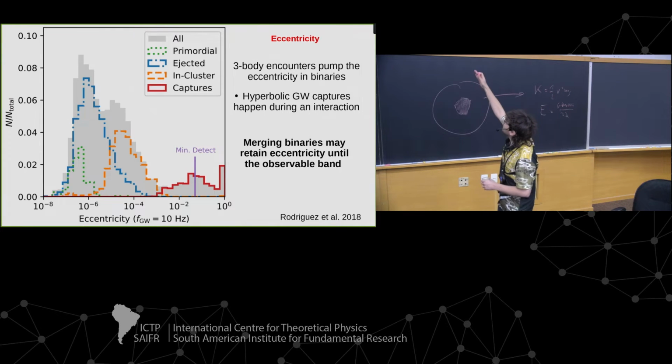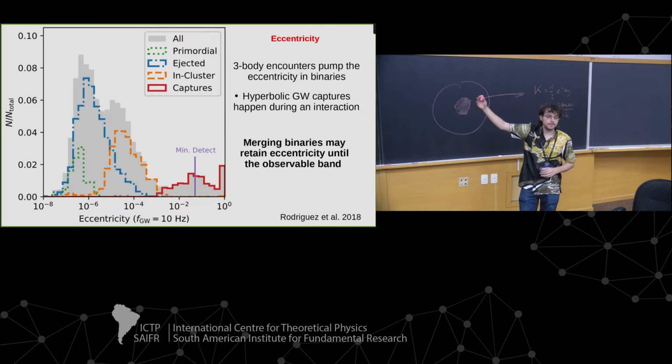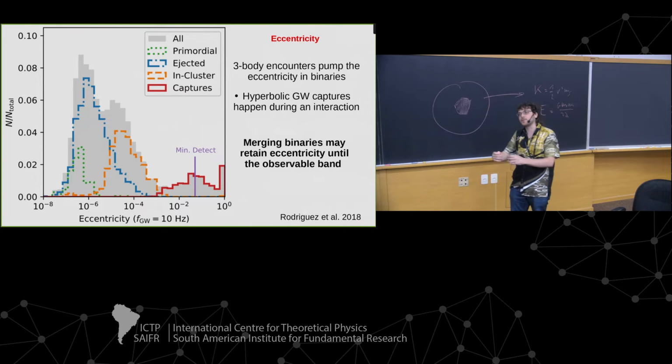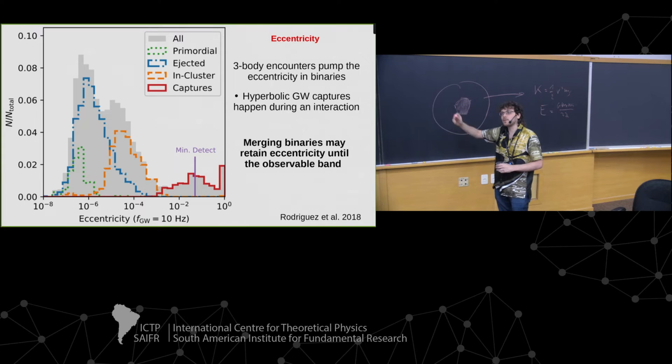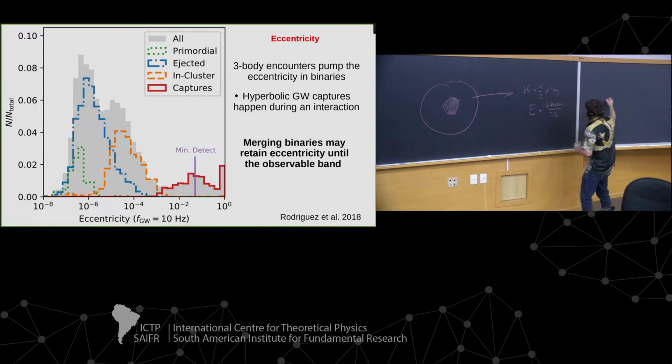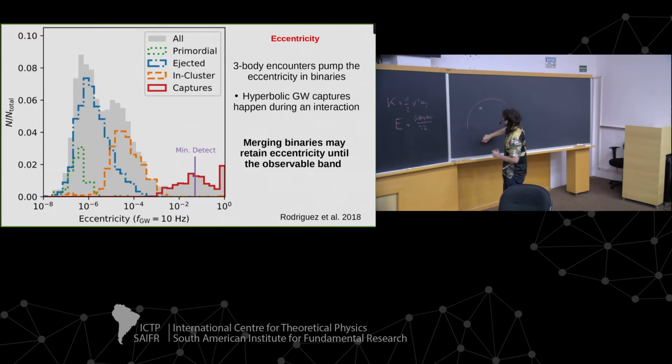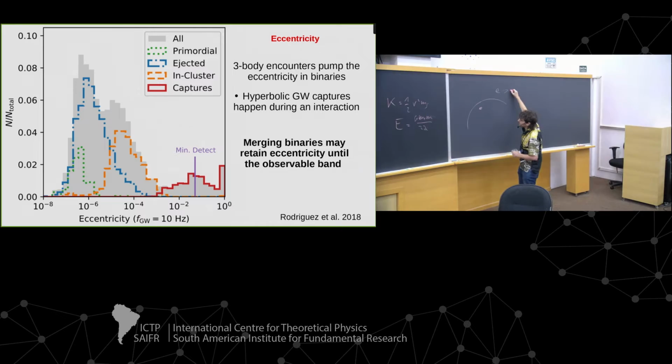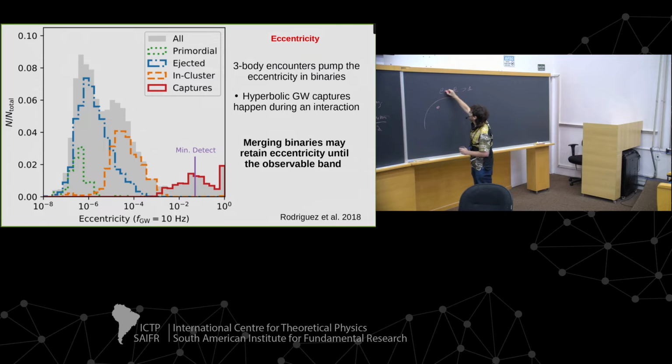So the most eccentric binaries are the ones that come directly from three-body interaction. So you have a chaotic interaction. Suddenly, two black holes meet in a hyperbolic passage, but they meet too close, so they radiate away gravitational wave energy, and they merge immediately. So these are the most eccentric ones, because when you have, let's say, a hyperbolic passage between two black holes, you basically have to go from an eccentricity that is greater than 1, because this is a hyperbolic orbit, to an eccentricity that is lower than 1.